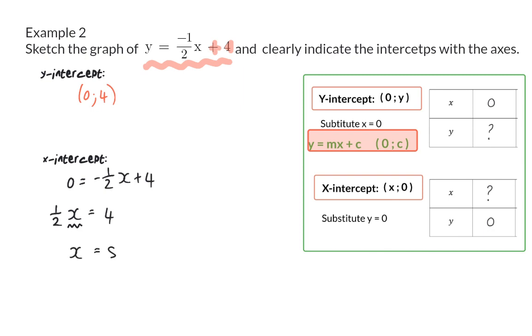So then x should be 8. Or you can use the algebra and know that you want to get rid of the divided by 2 on the left, which means you'll have to multiply by 2 on both sides to get the same x is 8. So the x-intercept will be at 8 and 0.